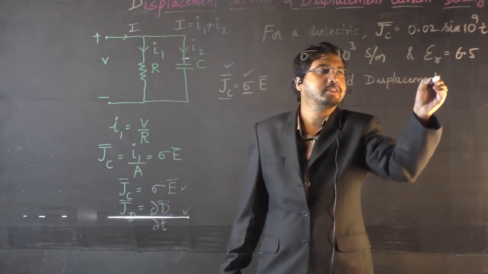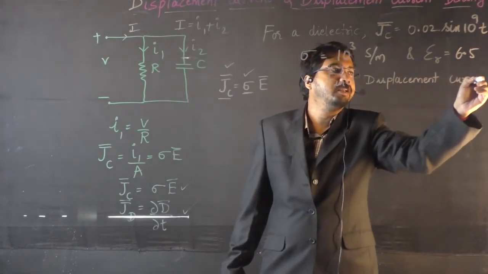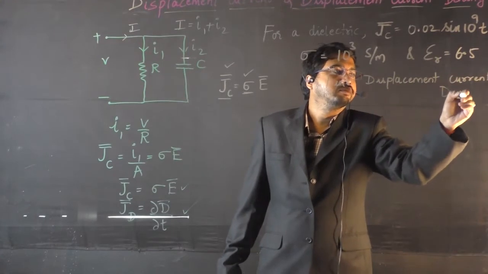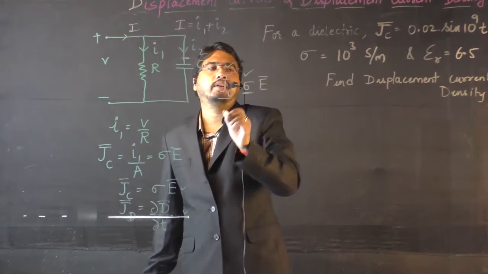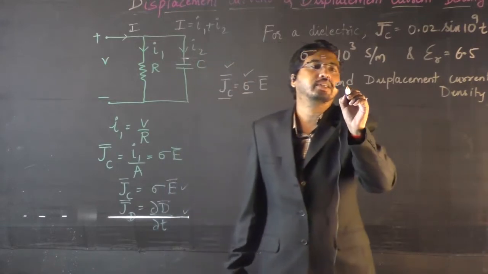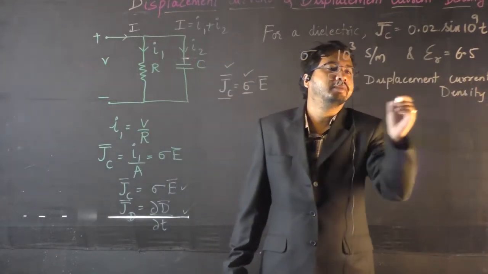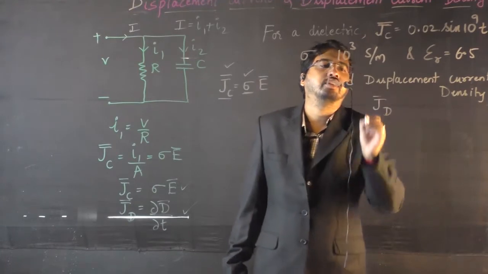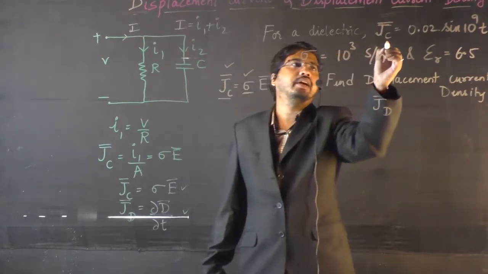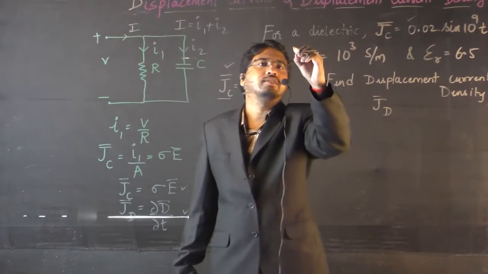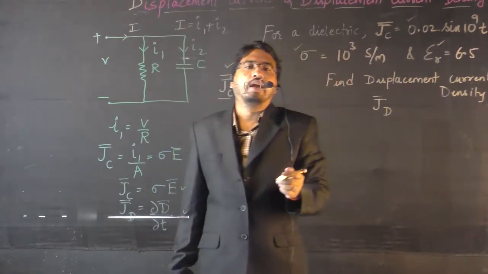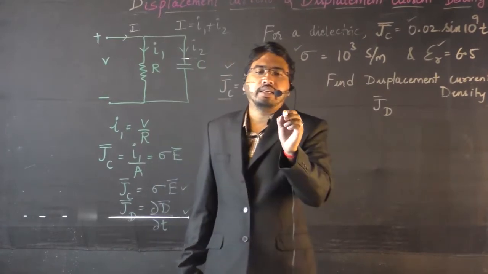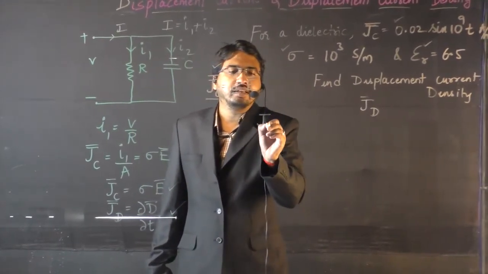Displacement current density, that means JD bar. They have given you the conduction current density value, and they are asking you to find the displacement current density JD bar. With the given data, we already have Jc, sigma conductivity, and epsilon r. Finally, what is the relation between Jc and JD?